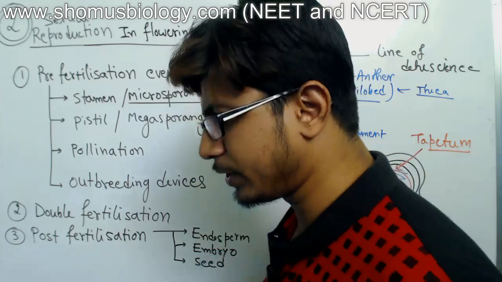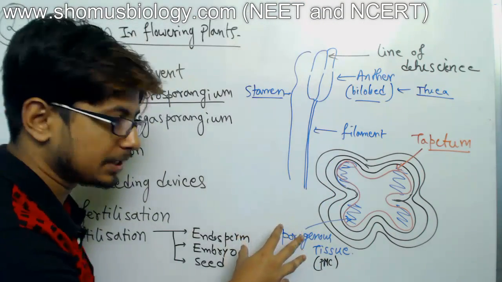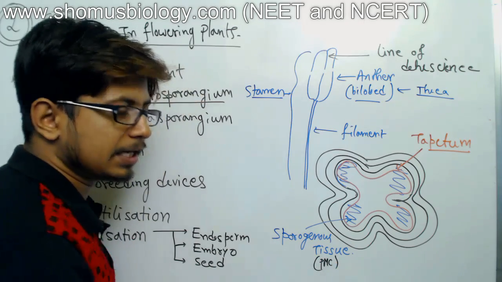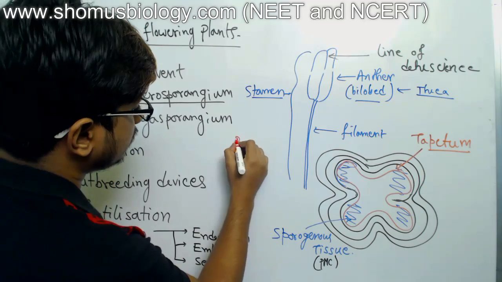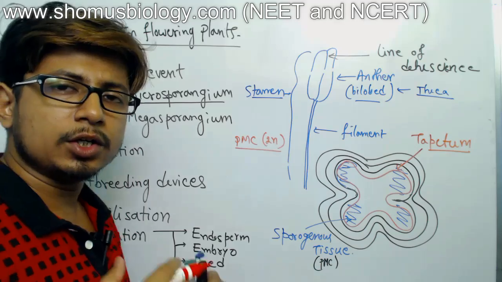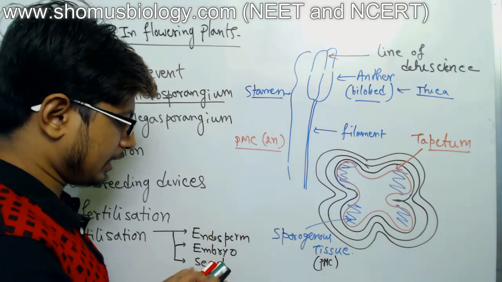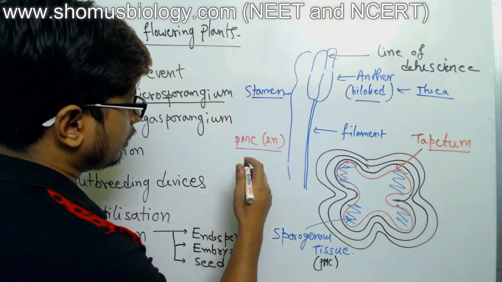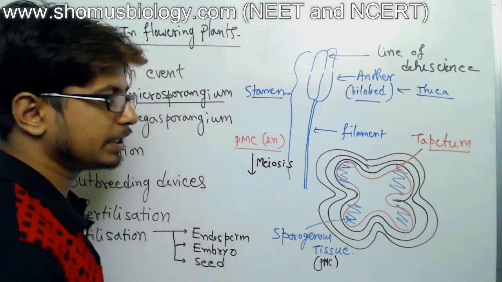So once they get proper nutrients for their growth and maturation, then what happens? Let me write it here: the pollen mother cell is normally a 2n cell. That means it carries 2n number of chromosomes in the nucleus. But these pollen mother cells undergo meiosis cell division.